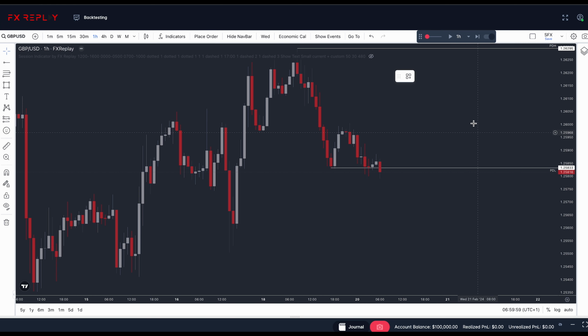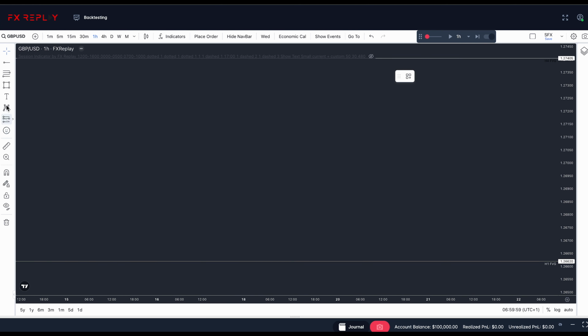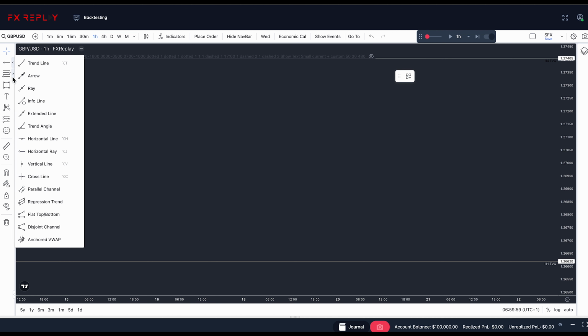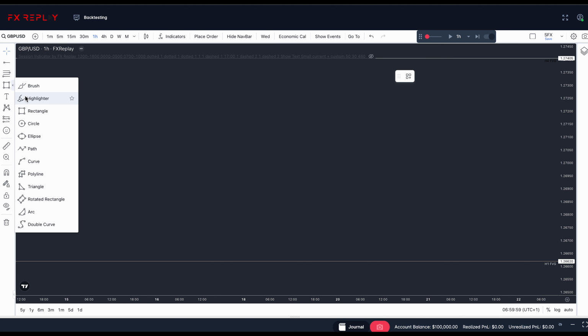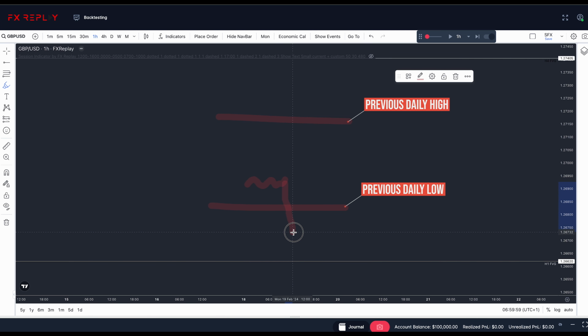Okay, now if I go to the drawing board and give you some secrets, which is very easy to use: if you have previous daily high and previous daily low, and your overall bias is bullish and price is trading around PDL, you want to wait for PDL to be taken.